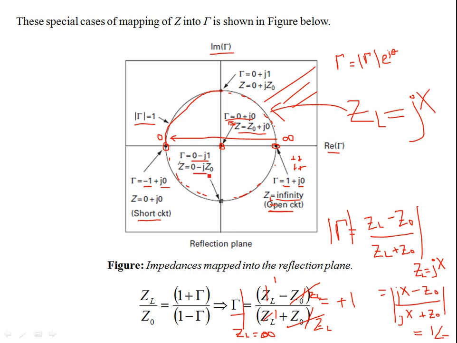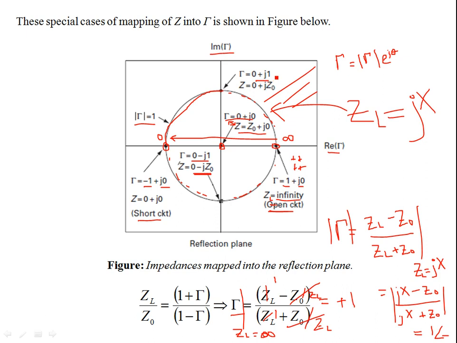This is capacitive, because the load impedance is minus j0, so this is a capacitive load. It occurs in the lower half portion of the complex gamma plane, and in the upper half of the gamma plane you consider the load impedances 0 plus j1.